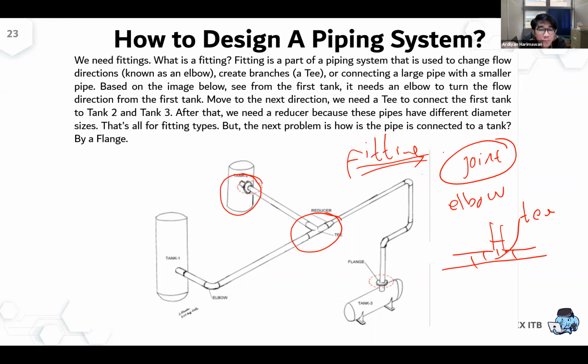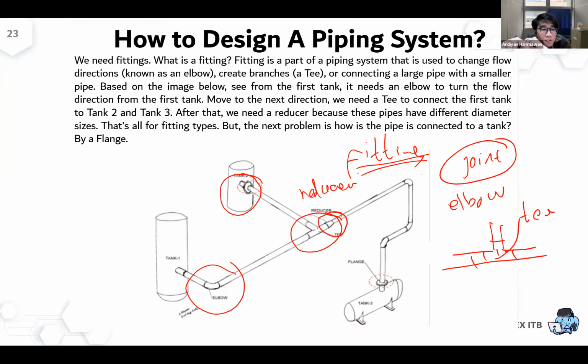Fittings are basically piping accessories, whether to menyambung, to connect the pipe, to branch the pipe, or to change the direction of the pipe from vertical to horizontal or vice versa. This is an elbow. Sometimes you want to connect bigger diameters of pipe to smaller diameters or vice versa. That's why we use a reducer.